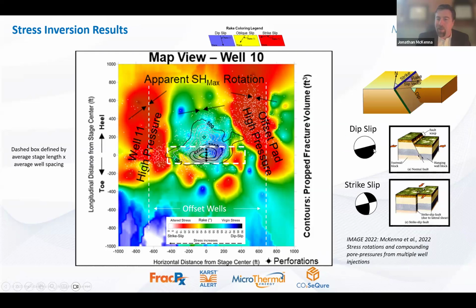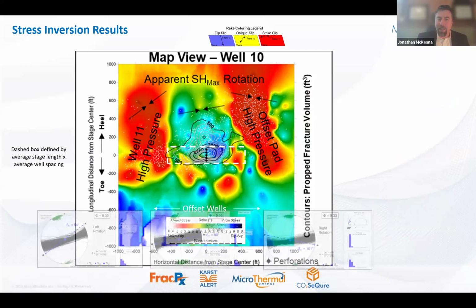So the focal mechanism is going from this dip slip to strike slip, indicating that this area is undergoing altered stress state. And it's an area where it's already increased stress, increased pore pressure, causing these pressure boundaries, so that the subsequent stage is sandwiched in between the two, and you get more effective location of your fluid and proppant in the area that's targeted.